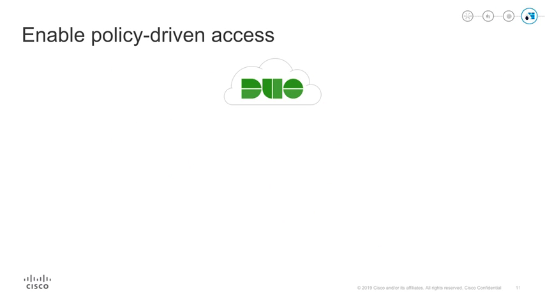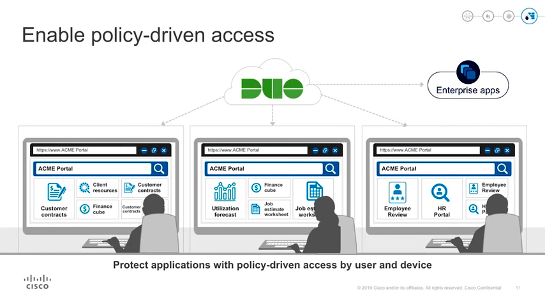Duo also empowers customers to protect servers by implementing policy-driven access on a user and device basis. In this situation, we see three different employees accessing company applications. What each employee is able to see depends on the policies the administrator has set for them and their devices.